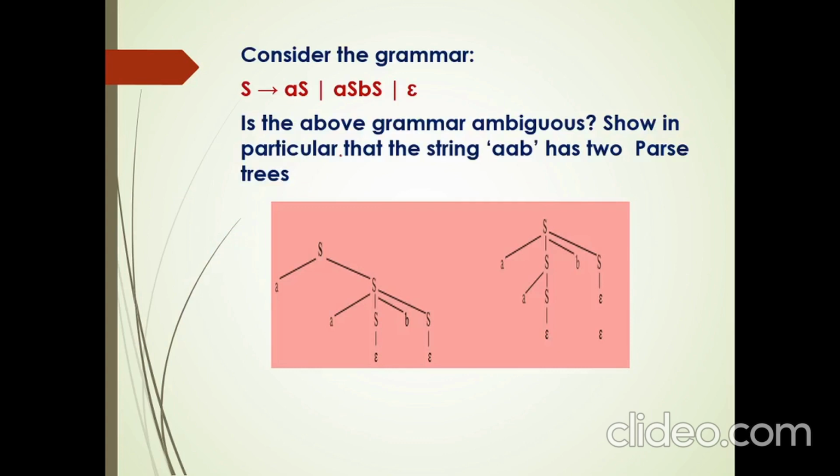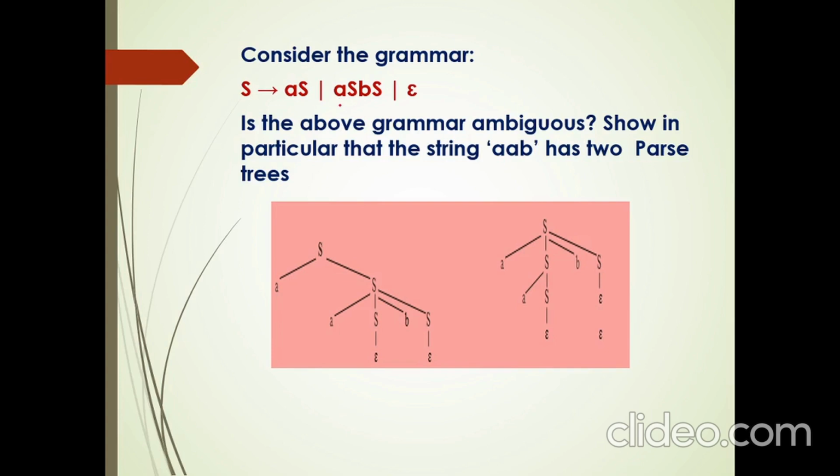Let us construct parse trees to prove whether the grammar is ambiguous or not. Is the above grammar ambiguous? Show in particular that the string AAB has two parse trees. So let us check this. S gives AS. Now I want to obtain AAB, so S gives ASBS.